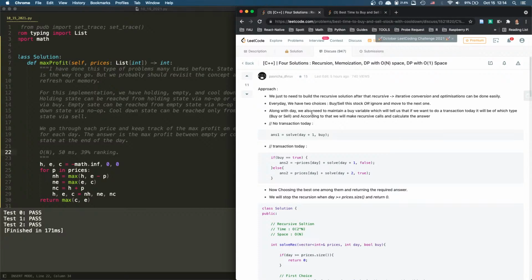Along with day, we also need to maintain a buy variable. What if we want to do a transaction today? It will be of which type? No transaction today, day plus 1. Transaction today.